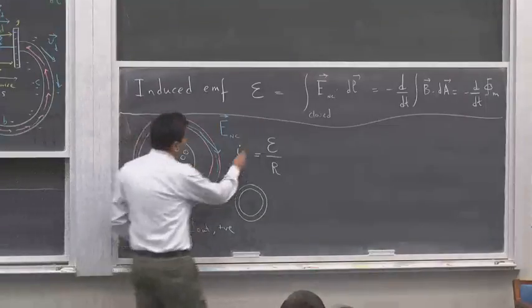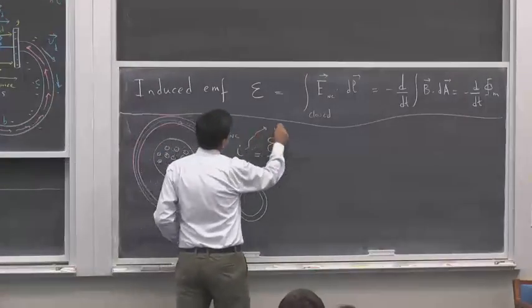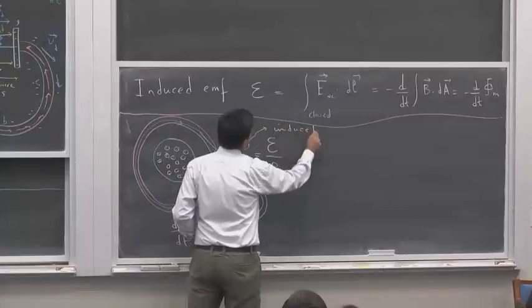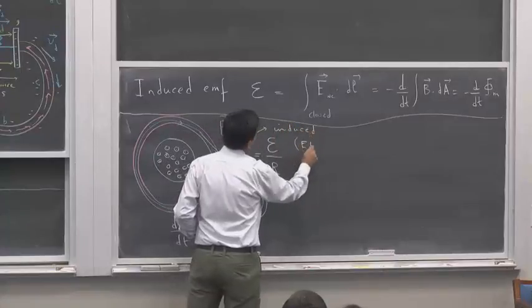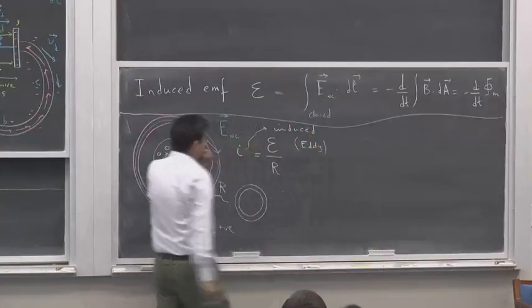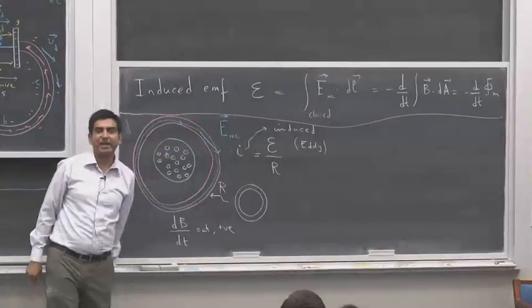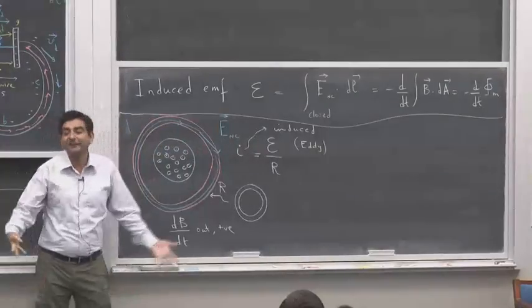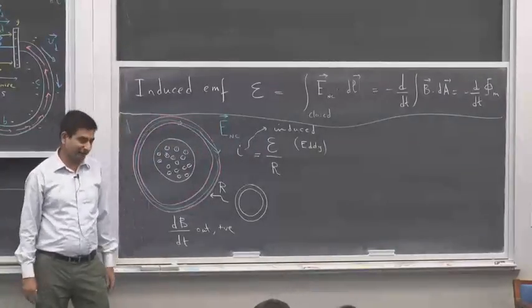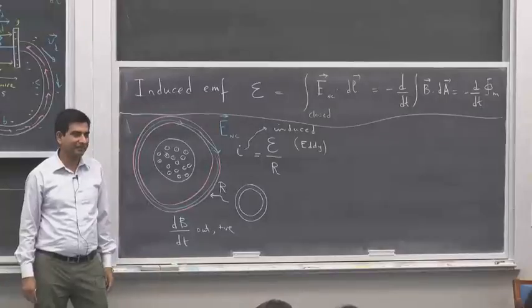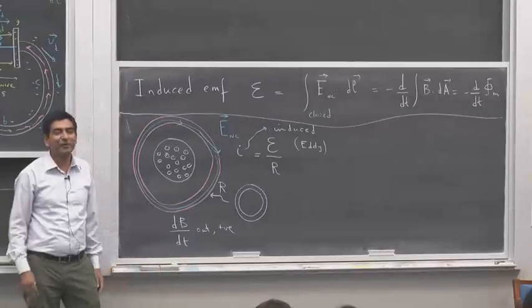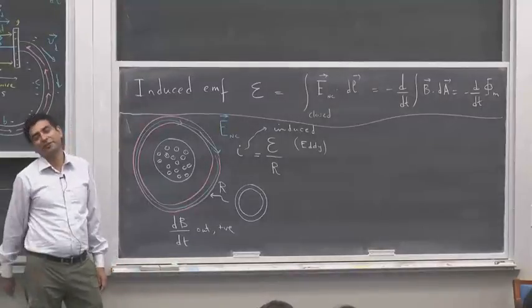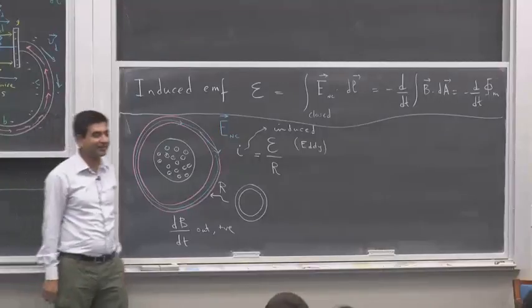This is called an induced current or an eddy current. The nomenclature eddy is generally used when you have unwanted or undesired currents. Sometimes you desire currents, so eddy is generally used in a negative connotation when something is undesired.